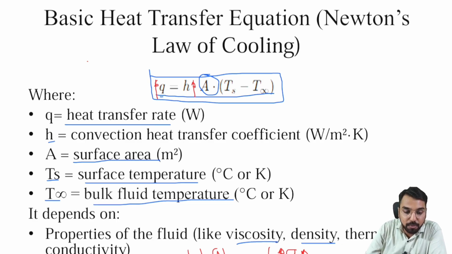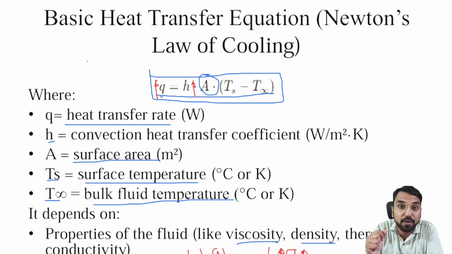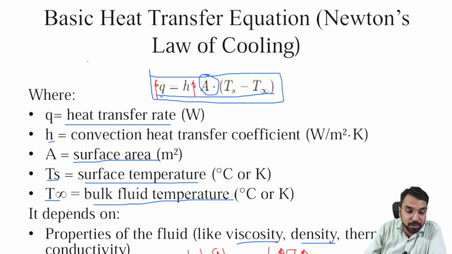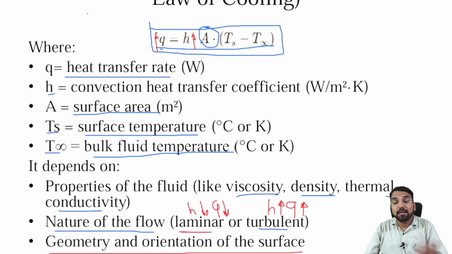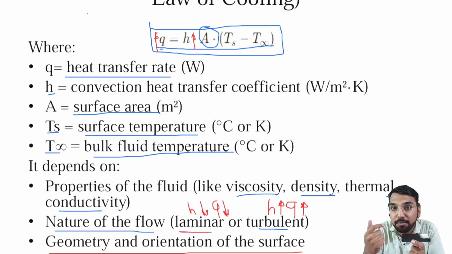Geometry and orientation of the surface also play an important role in quantifying the value of the convective heat transfer coefficient. Then the temperature difference between the surface and the fluid: as I gave an example in the previous lecture, if the temperature difference between this metal and the surrounding fluid is more, then the heat transfer will be more.